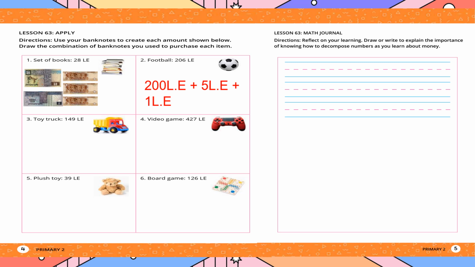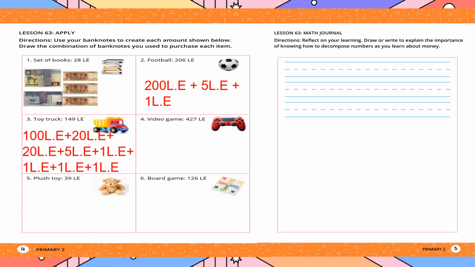So let's put 20 and 20. So it's 140. 9. Do we have banknote called 9? No, but we have banknote called 5 and 1 LE plus 1 LE plus 1 LE plus 1 LE. So the total is 149 LE.